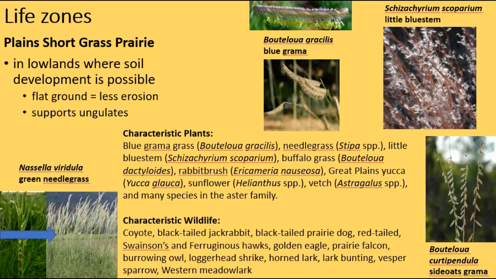Notice that we have lots of predators here at the top of the food chain. It's easy for birds to hunt in grasslands, easier to see the rodents and the rabbits on the land surface. And then we also have several bird species living in the garden as well.